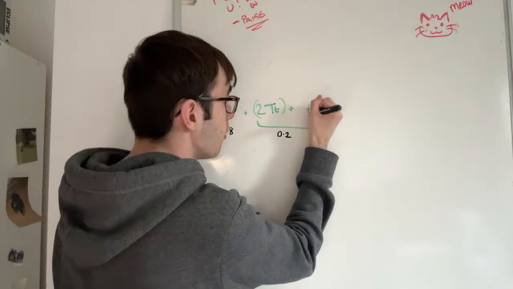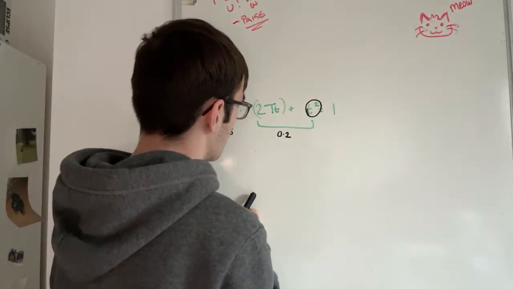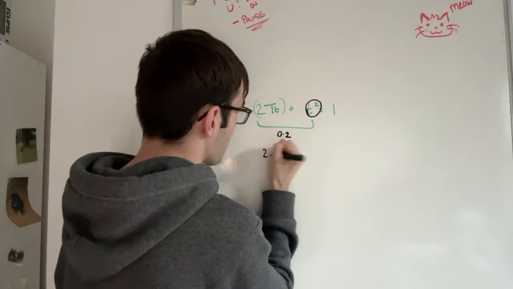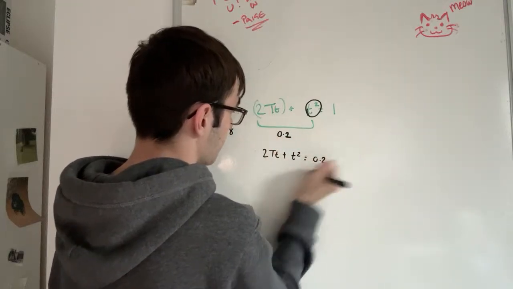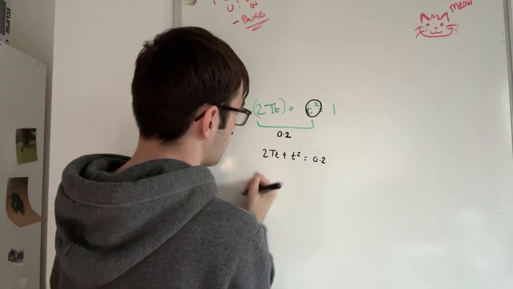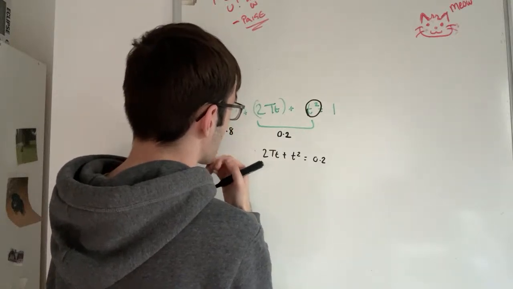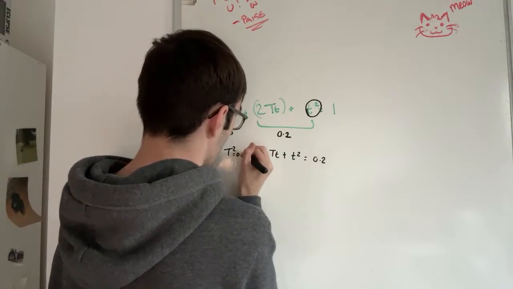Because it overall wants to know what t squared is. And we're saying 2Tt plus t squared is 0.2. So t squared must be 0.8.